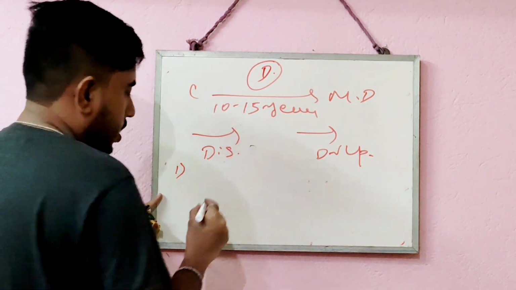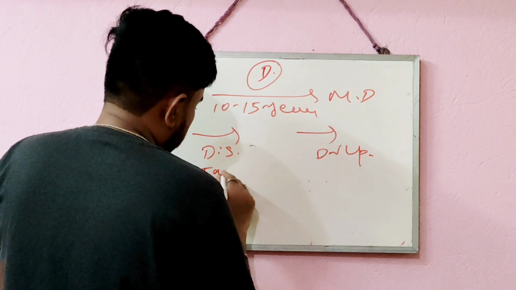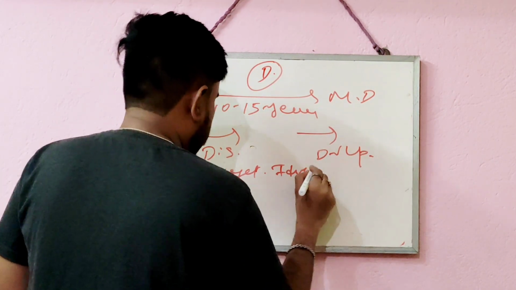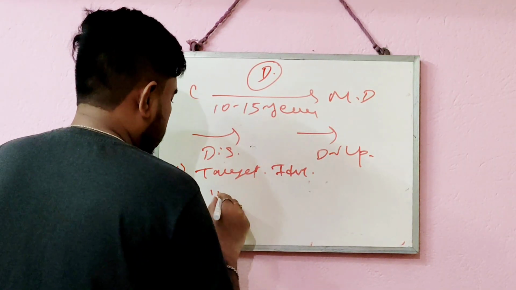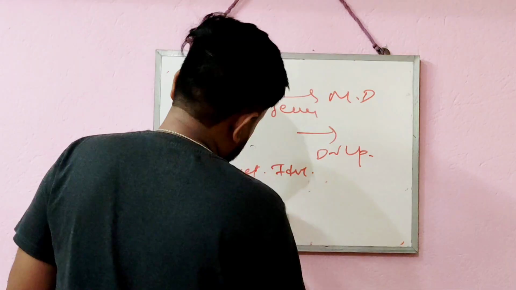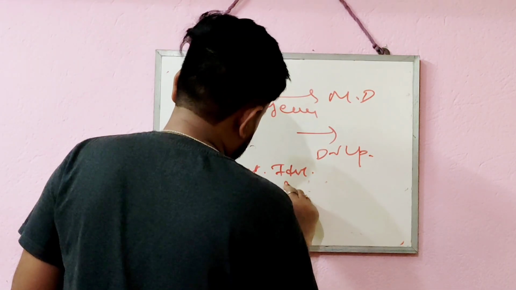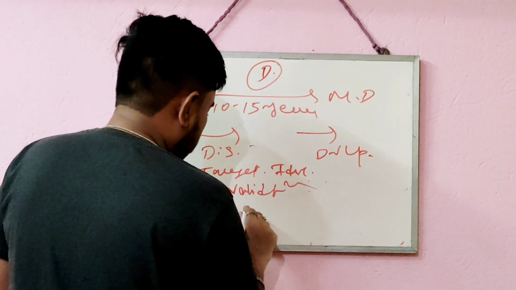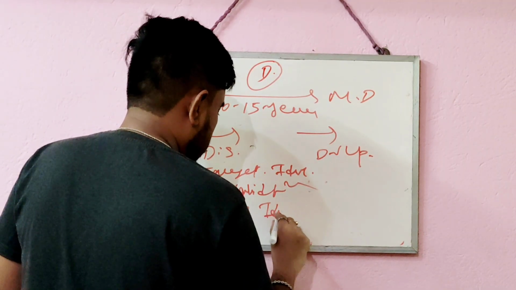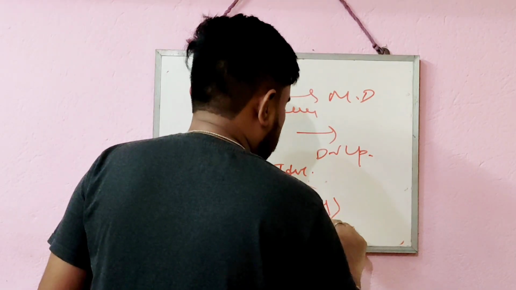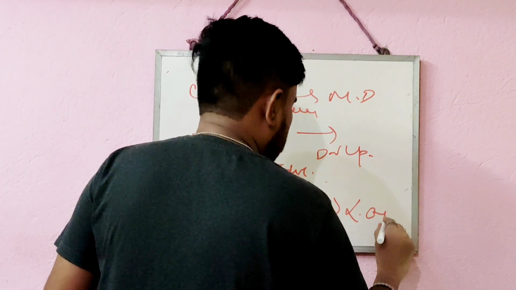First is target identification. Second is target validation. Third is lead identification, and the last step is lead optimization.